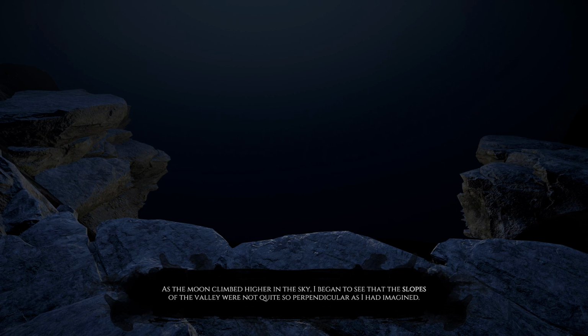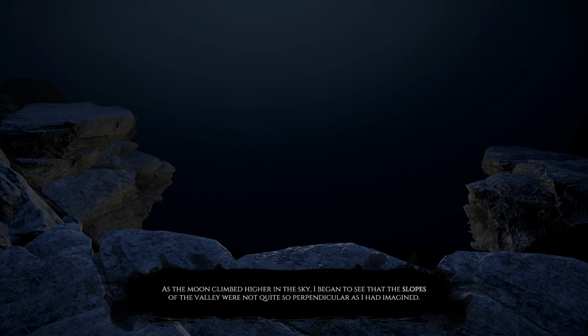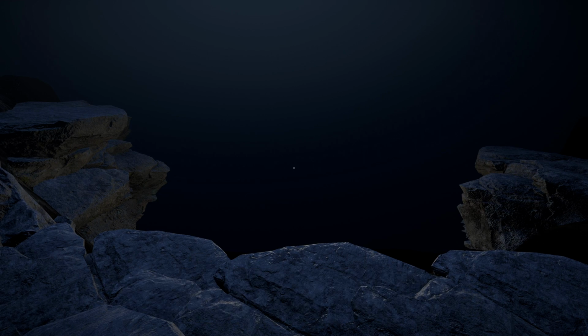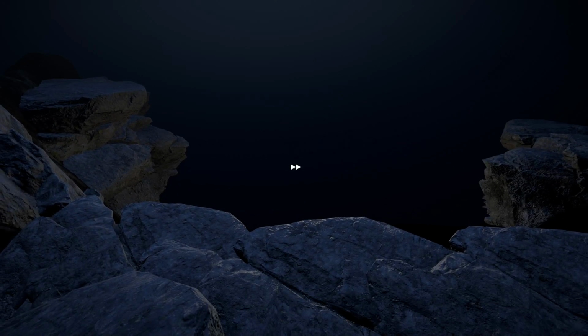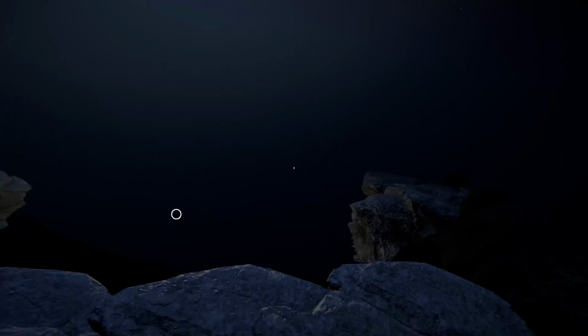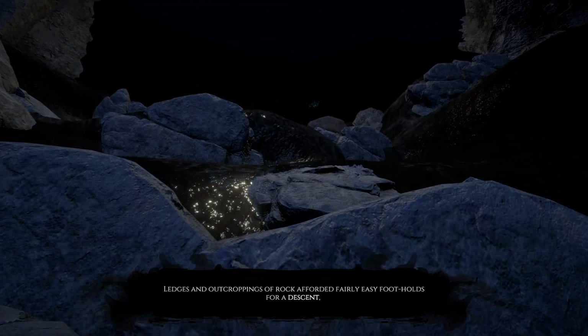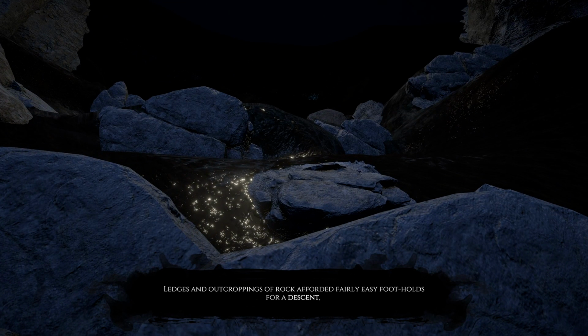As the moon climbed higher in the sky, I began to see that the slopes of the valley were not quite so perpendicular as I had imagined. Nothing else here. Ledges and outcroppings of rock afforded fairly easy footholds for a descent, whilst after a drop of only a few hundred feet, the declivity became very gradual.